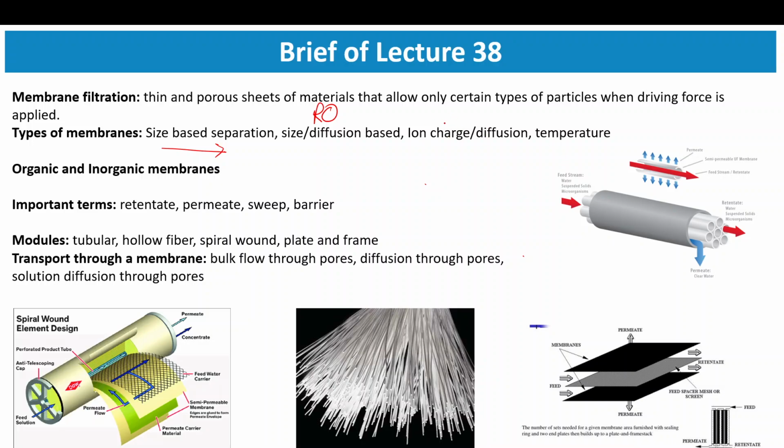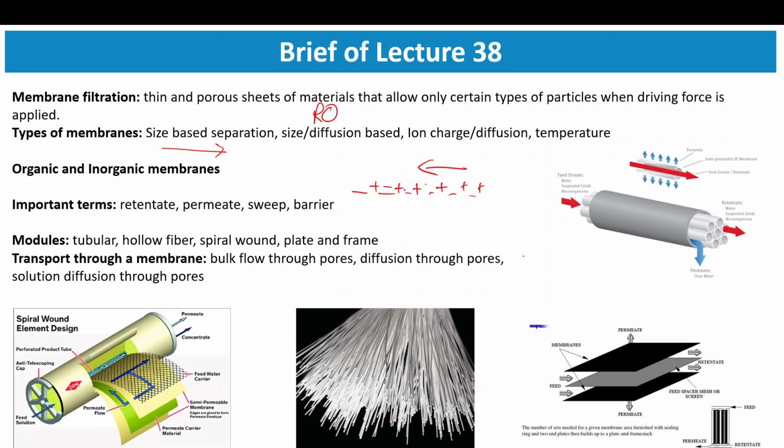Now, there could be some ionic charges which could show some separation. Okay, so depending on the charge, it can have a charge effect or Donnan effect, you can say. So let's say this is the membrane surface which has positive charge. Okay, so this is the direction of water flow.